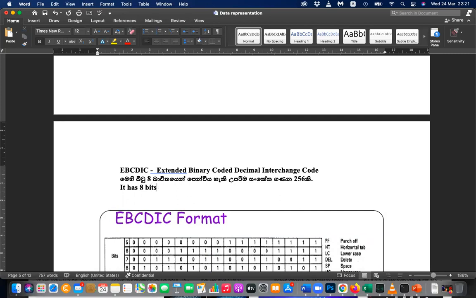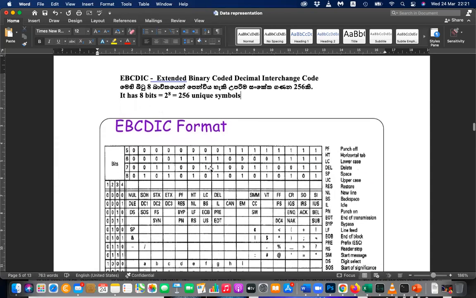So how many symbols? 2 to the power 8, which means 256 unique symbols. That is the advantage of 2 to the power 8, or 256 unique symbols. So that is the advantage of EBCDIC, extended binary coded decimal interchange code.